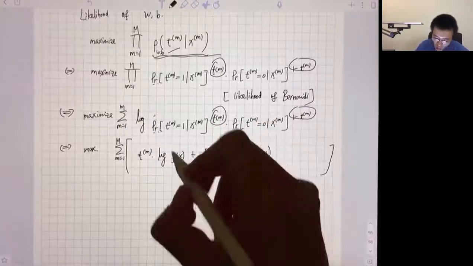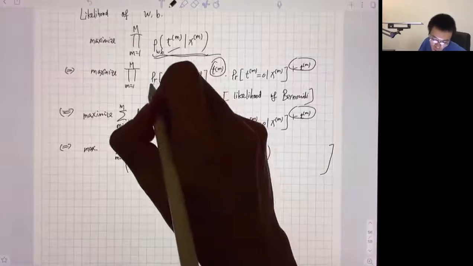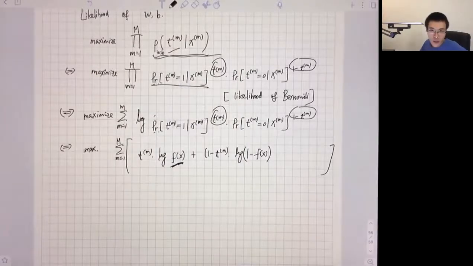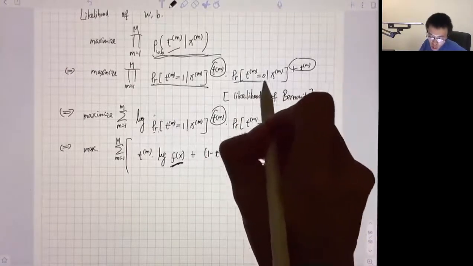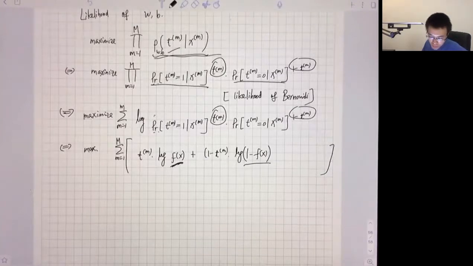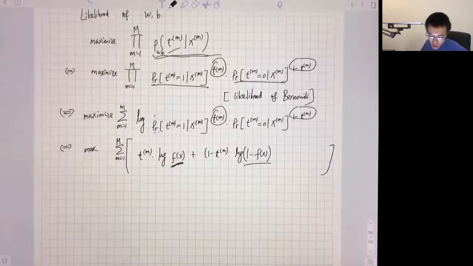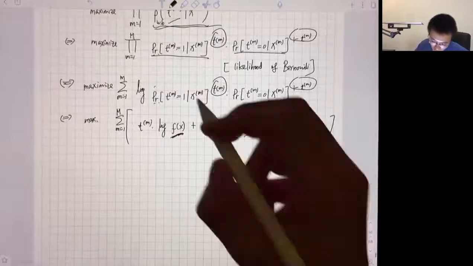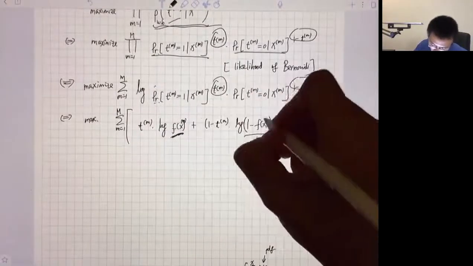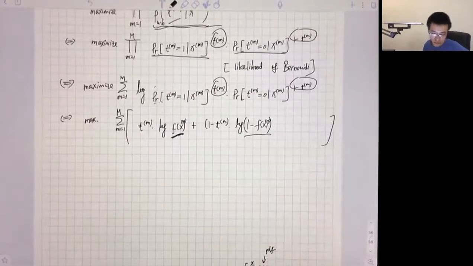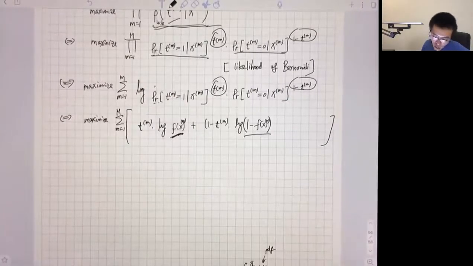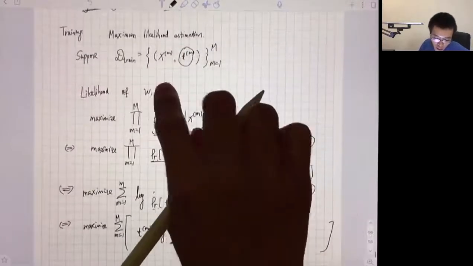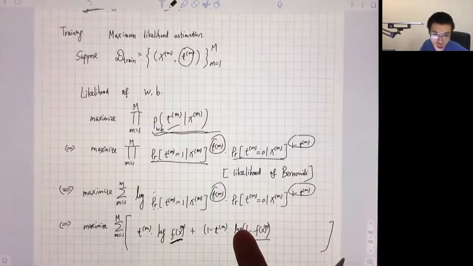You remember f of x, I just use it to denote this term: the predicted chance that the target is going to be 1. And 1 minus this term is just the chance that it's going to be 0. Done. The x has a superscript m. So this is the maximum likelihood estimation for the logistic regression model.